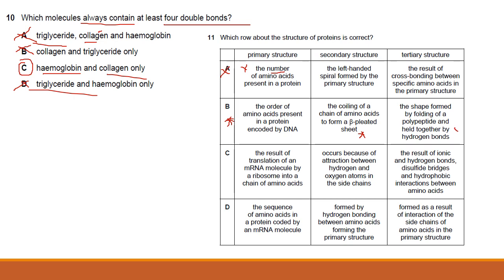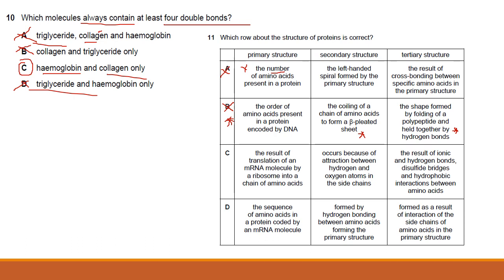This again is not fully correct, because in the tertiary structure, it's not only the hydrogen bonds that matter, but you have the disulfide bonds, you have the hydrophobic interactions, and you have other bonds that interact within the protein. So based on that, I will go ahead and actually cancel B as an option, because even though some elements of it are correct, they are not fully correct.